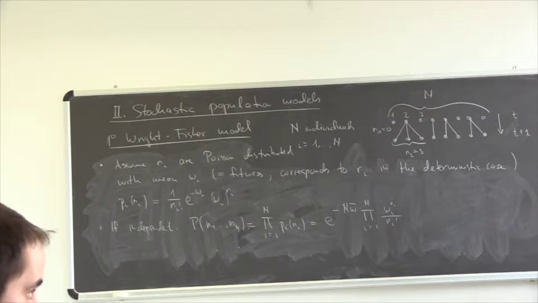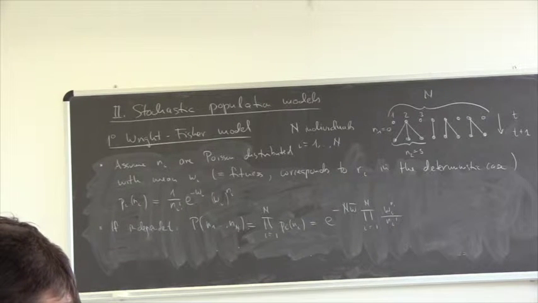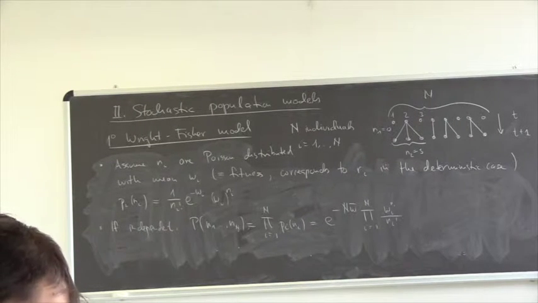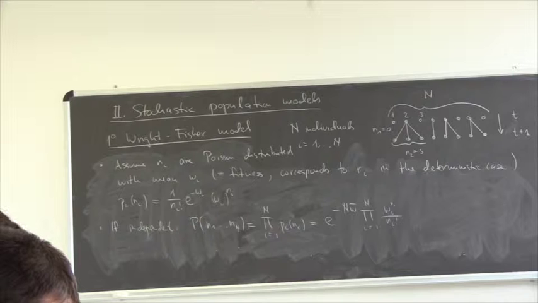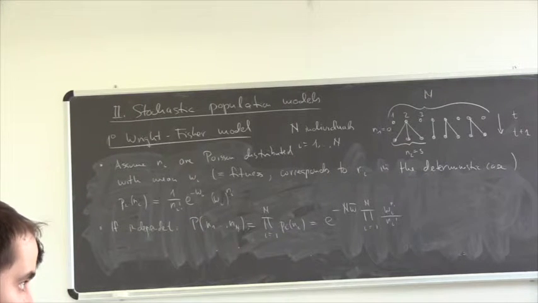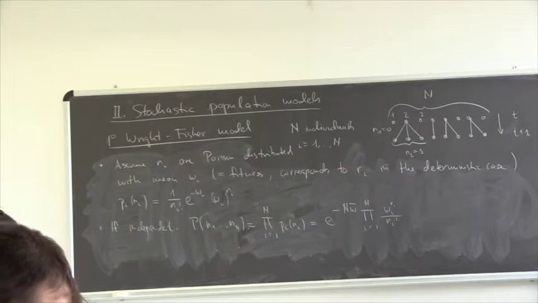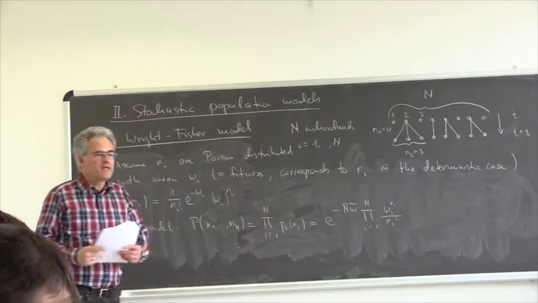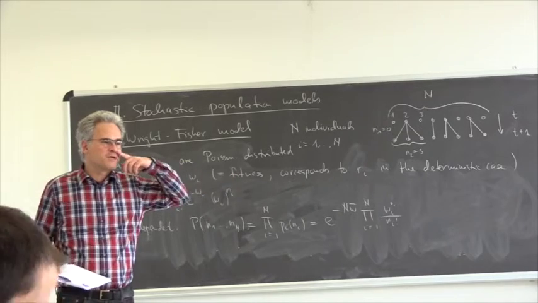Capital N is the total number of individuals. Individual i has fitness wi. Of course, many individuals can have the same fitness and can be of the same type.